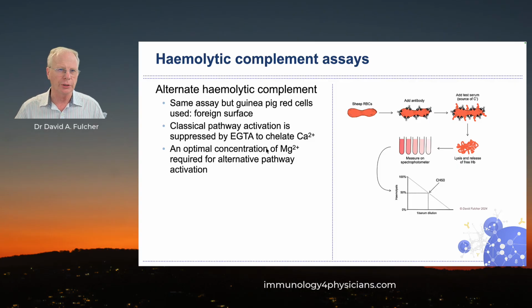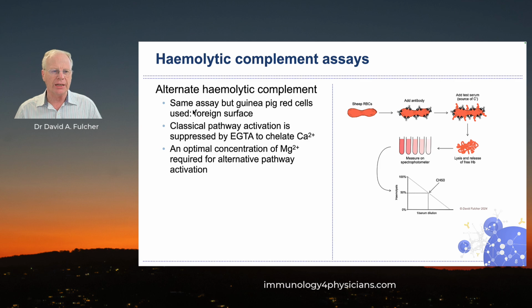I don't know who first worked that out, but suffice it to say that it was worked out and you can use it. So here you don't have to add antibody, you just use guinea pig red cells and add in complement, and that will kill the target proportional to the amount of alternate pathway activity.